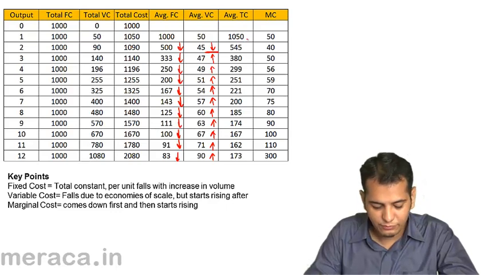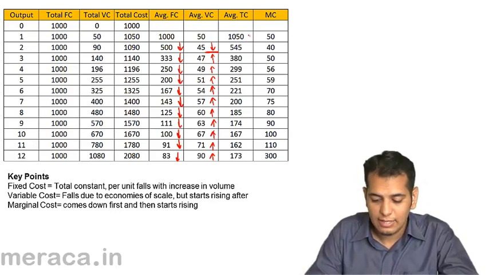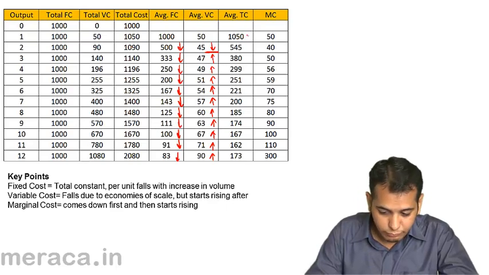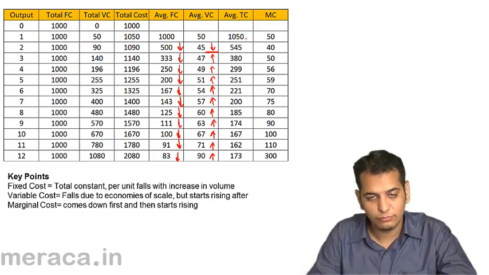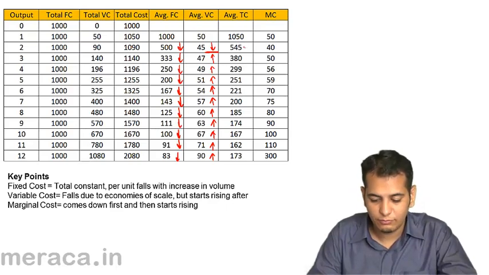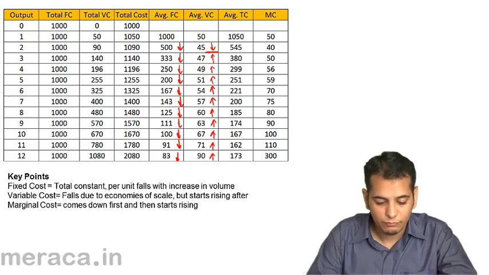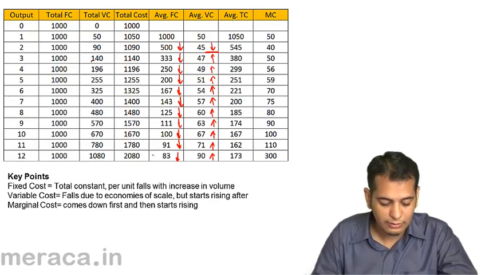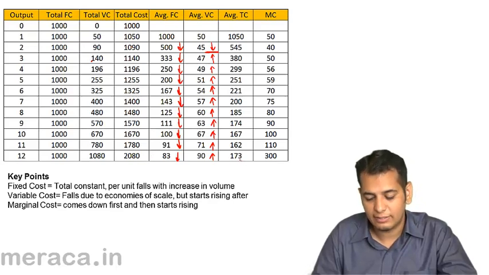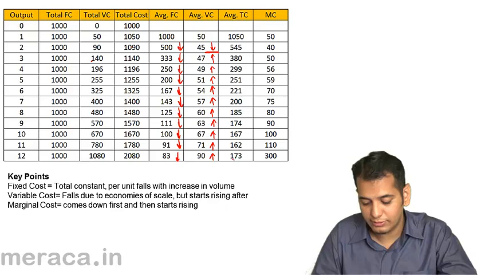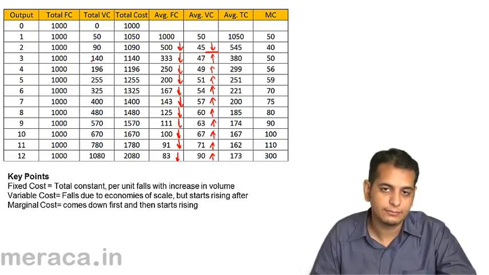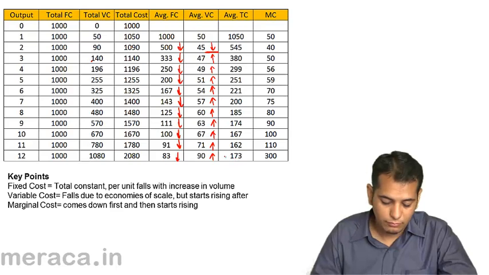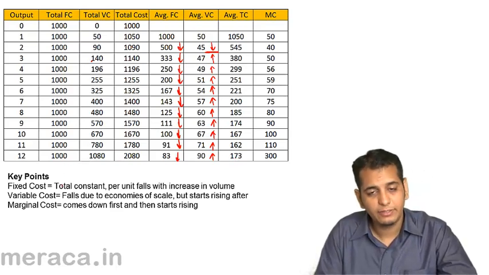Now let's see what is the case with average total cost. Average total cost is 1050 for the first unit, 545 for two units, that is 1090 divided by 2. For three units it is 380, that is 1140 divided by 3, so on and so forth until the 7th, and at the 12th unit the average total cost is 173, which is 2080 divided by 12.